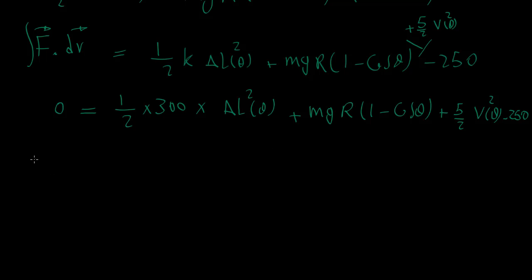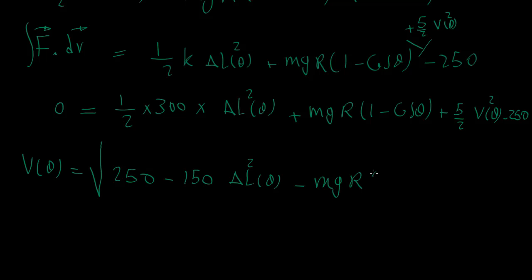We can find v theta from this equation. So v theta is equal to the square root of, we bring the 250 to the left side, minus 150 delta L squared, which is a function of theta, minus mgr(1 minus cosine theta), and everything should be multiplied by 2 over 5.